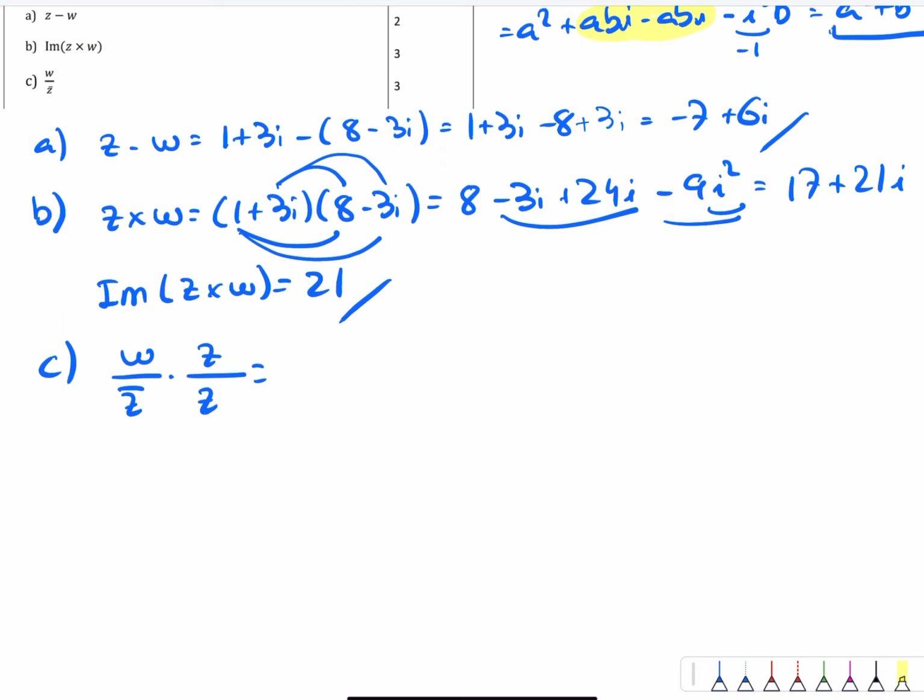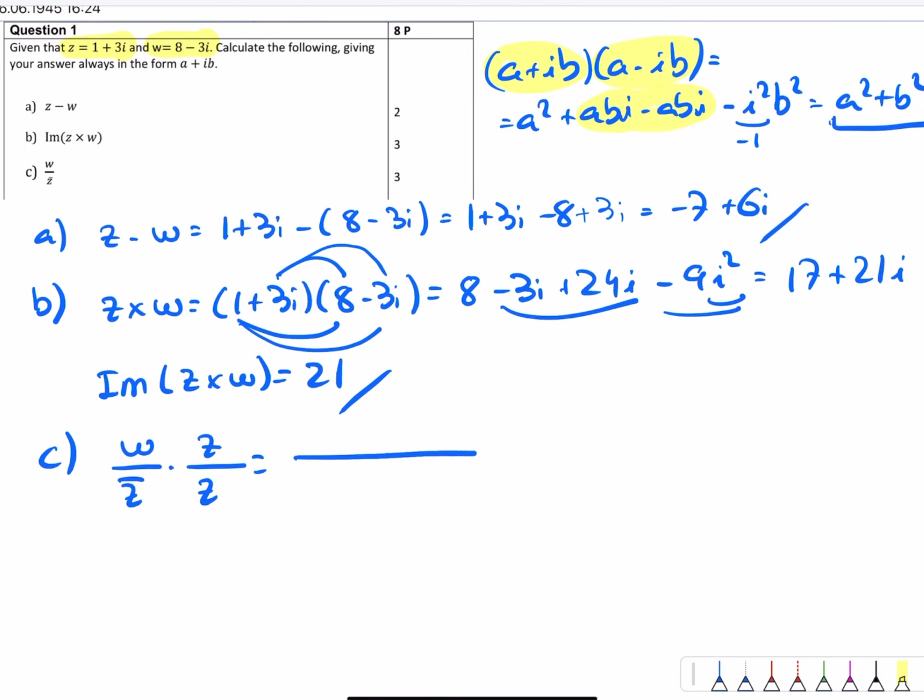But we still need to see what happens with the denominator. The denominator is z times z conjugate, z is 1 plus 3i, conjugate of z is 1 minus 3i.